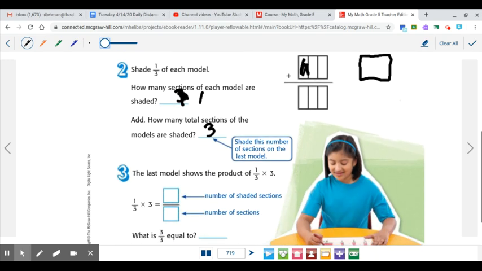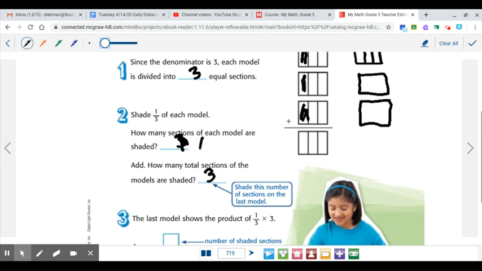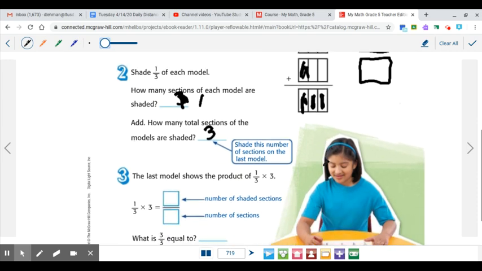All right, so now if we think about it, actually, let's finish this. If we think about it, if there's 3 sections shaded, we can come down here and go, okay, here's my 1, here's my 2, here's my 3 shaded sections, okay? So in each one, we had 1/3 shaded. There were 3 wholes.